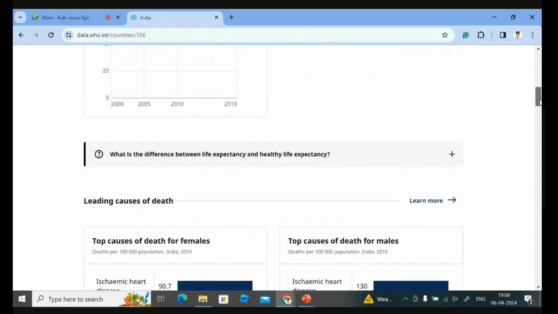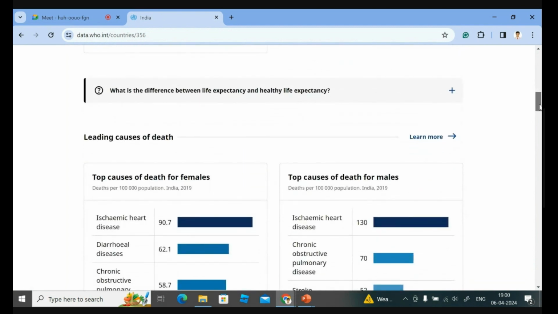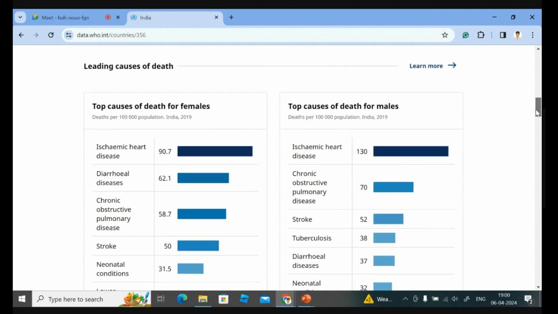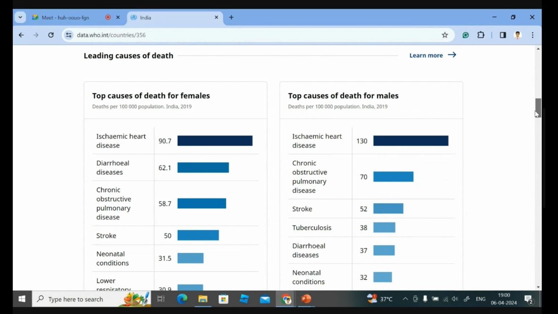Yes. The same thing. What are the chief leading causes of death? If you do not know the causes, this is a very wonderful site, and I want everybody to visit once in a while. And what is this? Ischemic heart diseases.